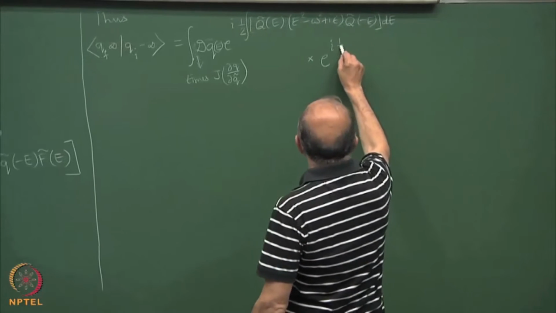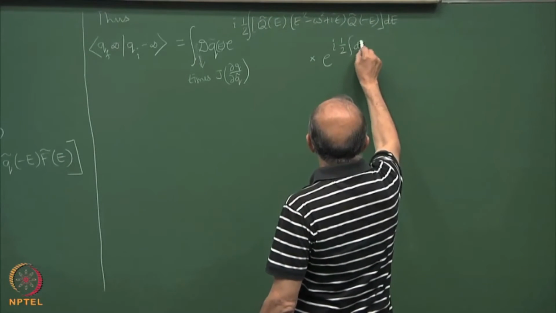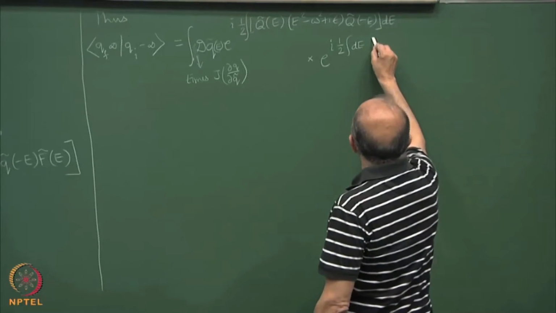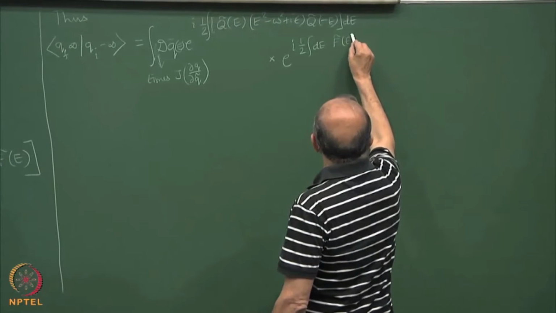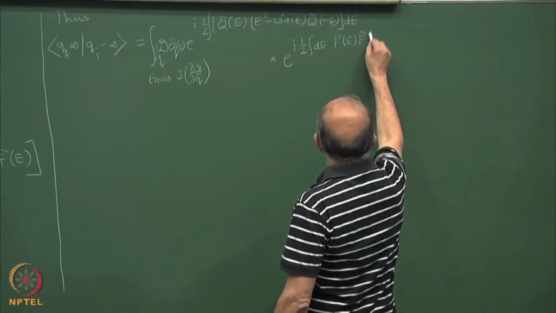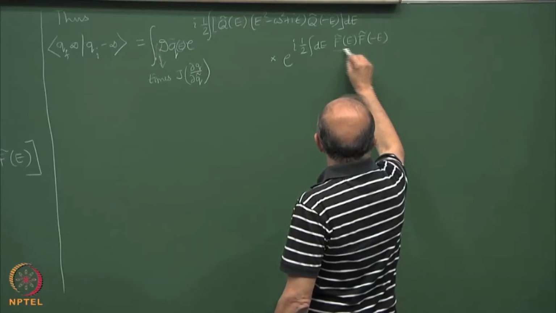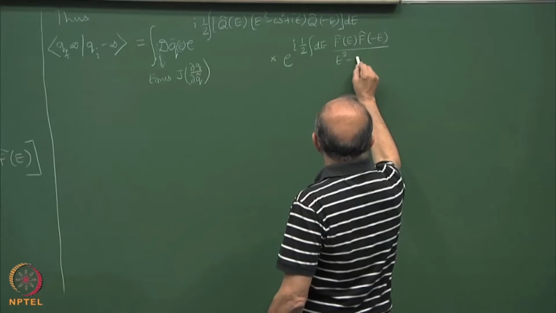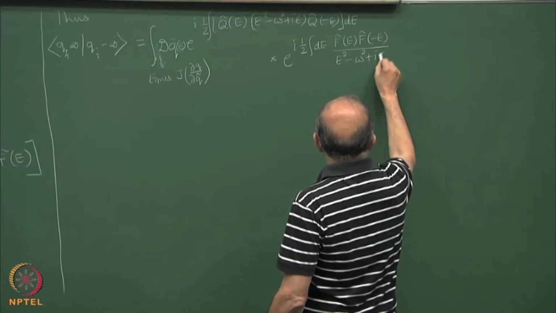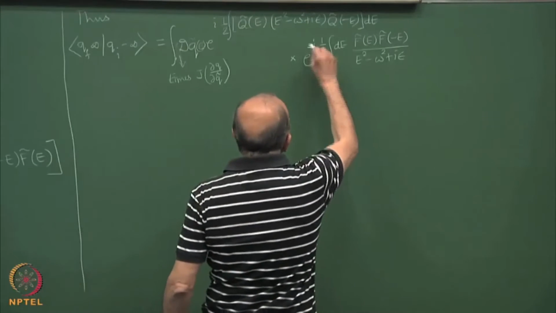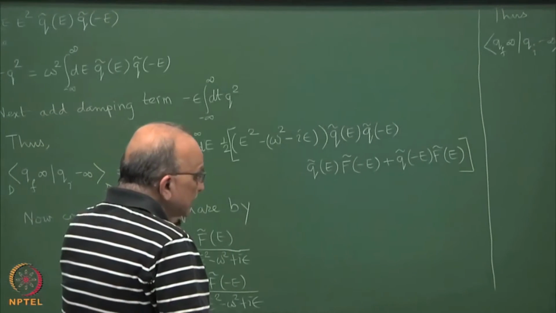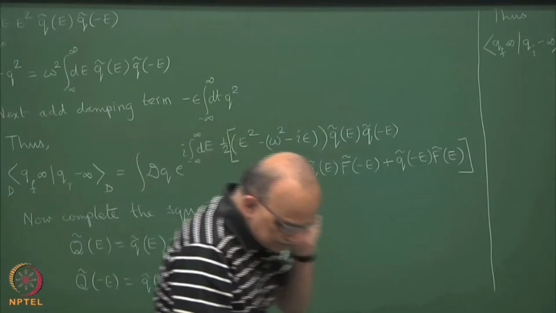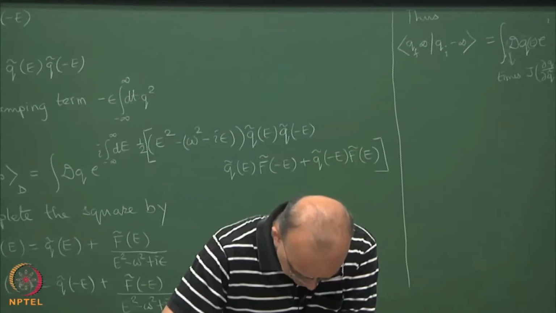So I times a half times integral dE of f tilde E, f tilde minus E, divided by E squared minus omega squared plus I epsilon. So put minus sign. Yeah, and now I have to argue to you that this Jacobian is 1, that's what we want to check.